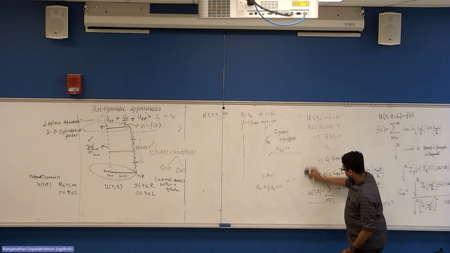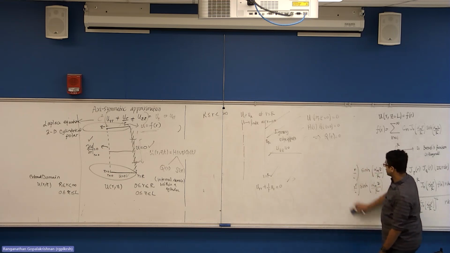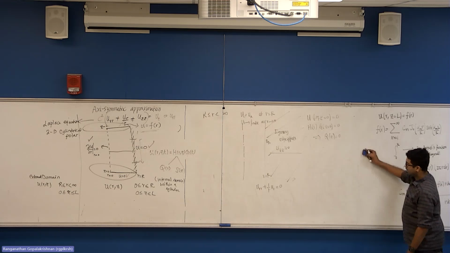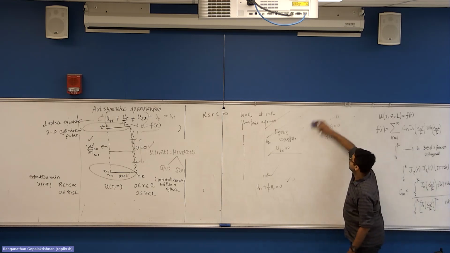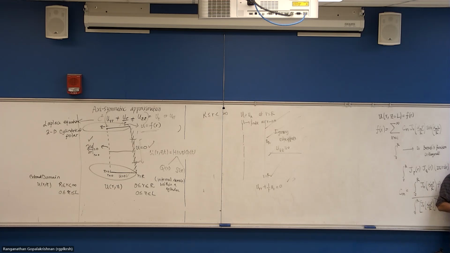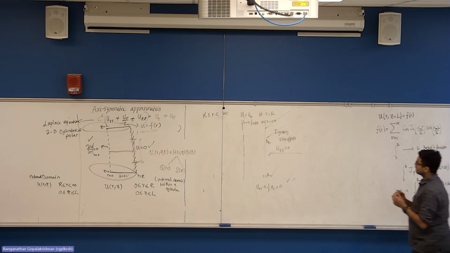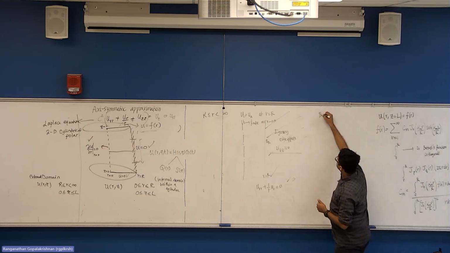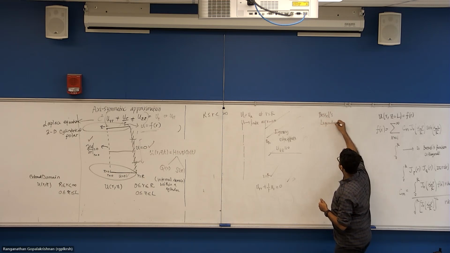So if you encounter something like this, a new equation, what's the first thing you should do? You would try to see if it matches the template of any of the standard equations that we learned, which are Bessel's equation, Legendre's equation, and Euler-Cauchy equation.